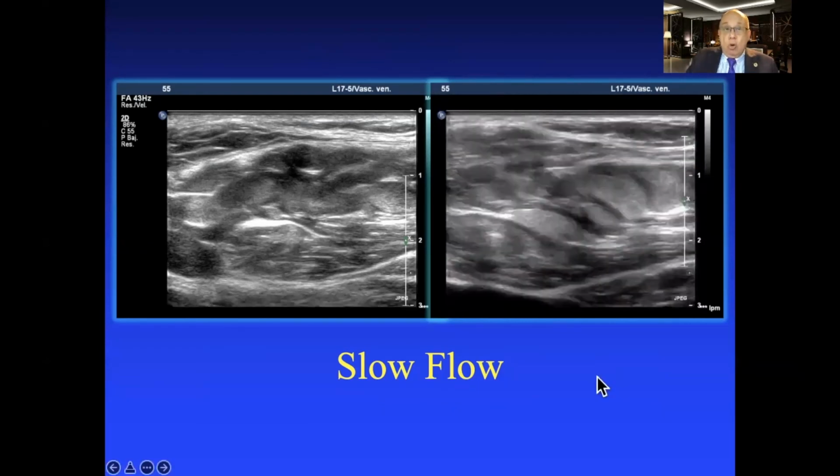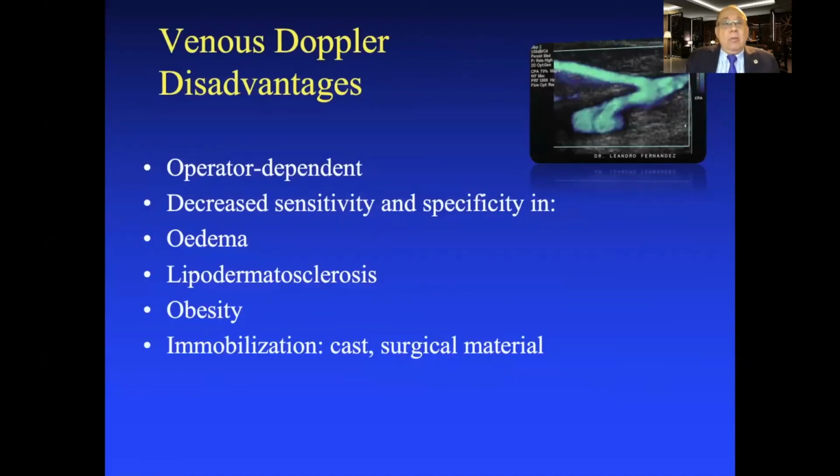This is slow flow. So venous ultrasound has some disadvantages. It's operator dependent. We can have a decreased sensitivity and specificity in cases of edema of the lower limbs, in cases of lipodermal sclerosis, obesity, or in cases of immobilization, for example, cast or surgical material in fractured patients.